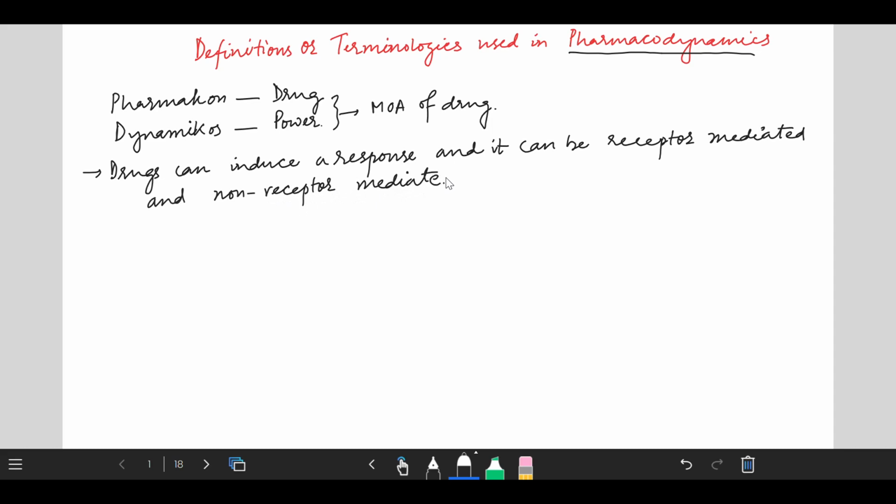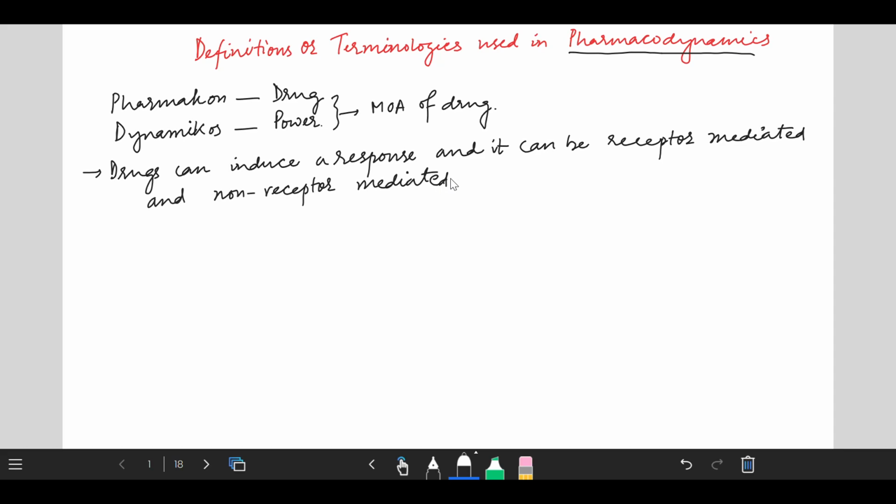Receptor mediated means in this type of mechanism, receptors are involved, but non-receptor mediated means here receptor is not involved or not directly involved.